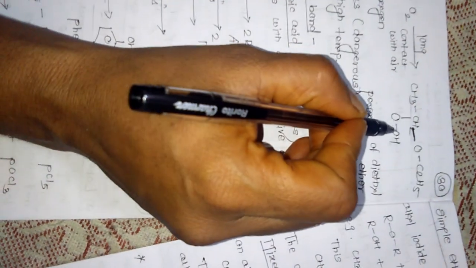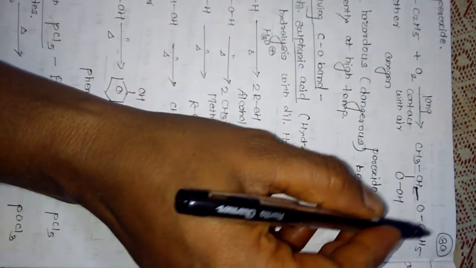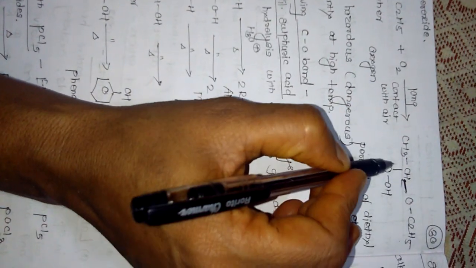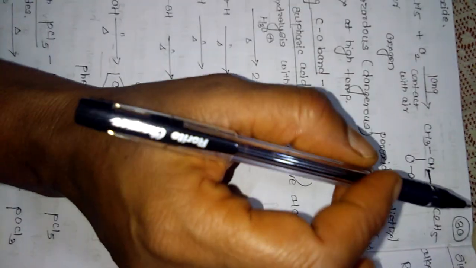We know that peroxide means H2O2. In that H2O2, one hydrogen is replaced by this group, and this is the peroxide. This peroxide is dangerous because it decomposes at high temperature.